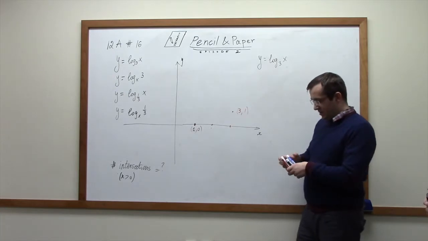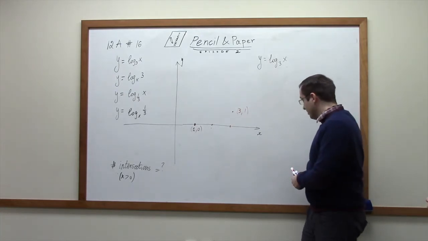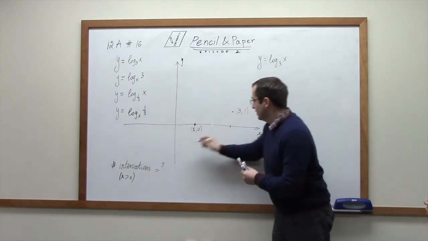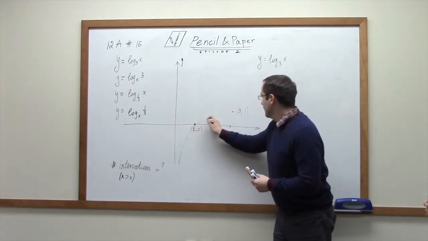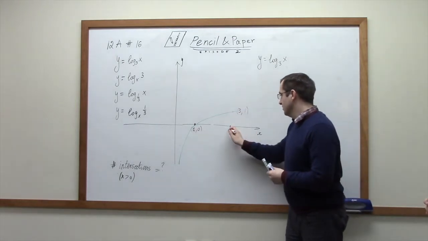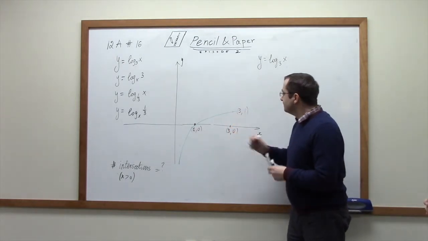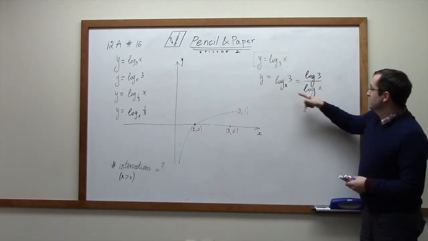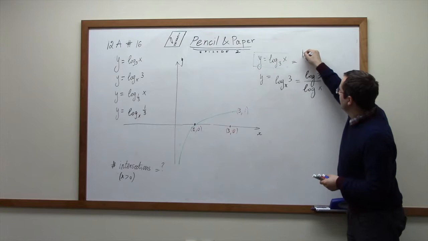If I draw it on my graph, it's going to look like this. This is coordinate (3, 0).